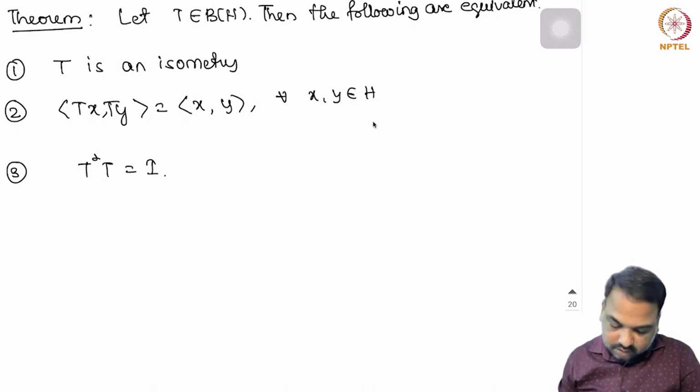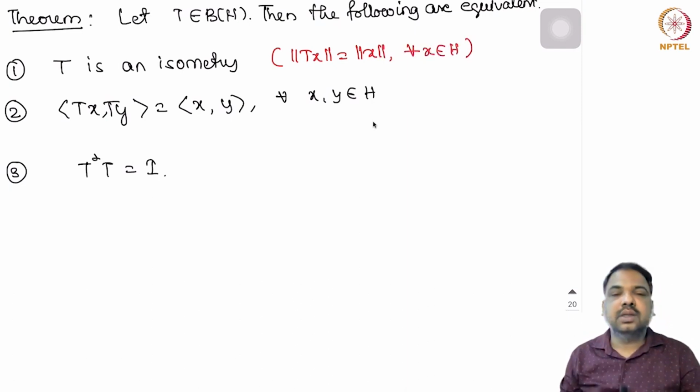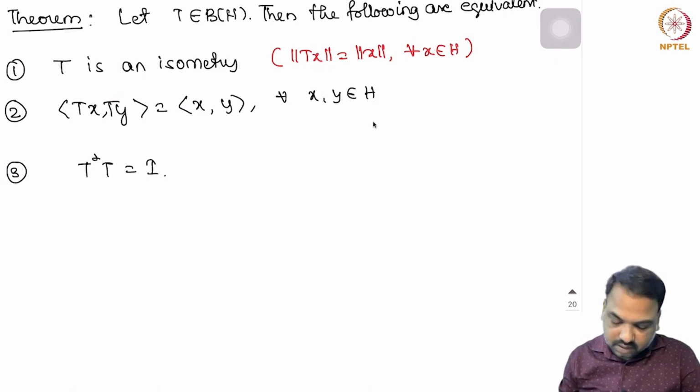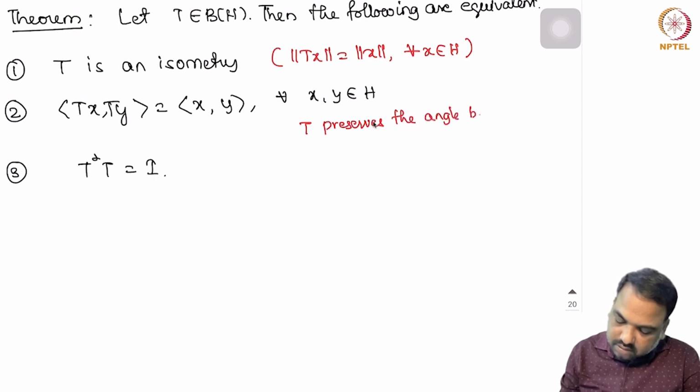Let us try to see the first condition, that is nothing but norm Tx equal to norm x for every x in H. That means T preserves the distance. And the second condition says that T preserves the angle between x and y.